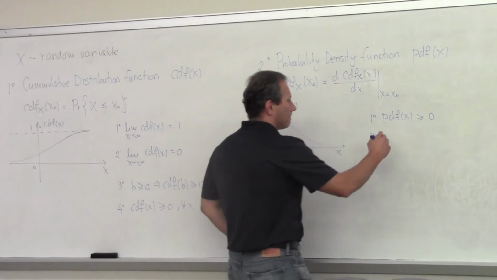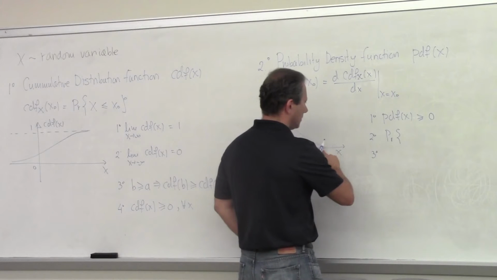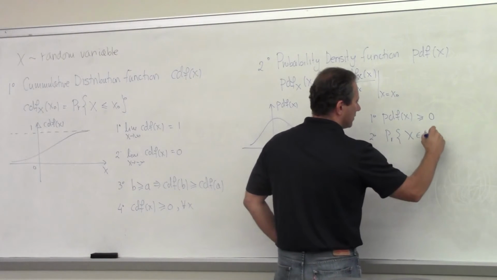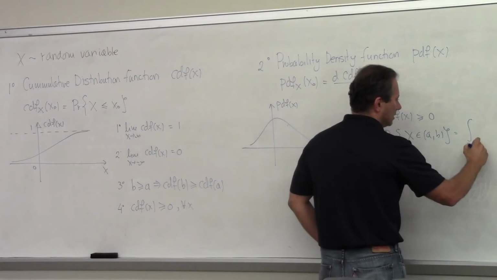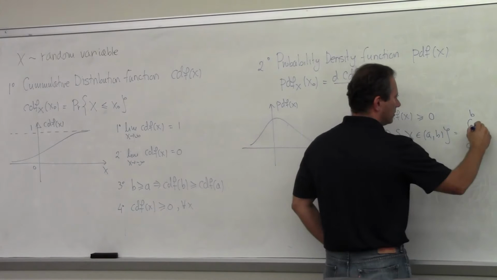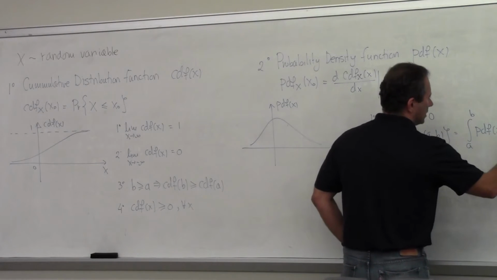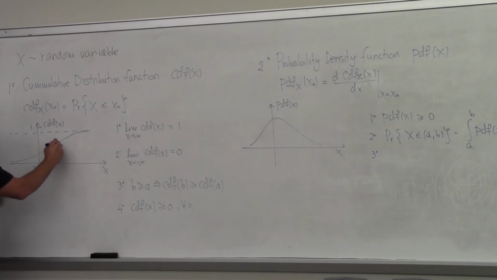Now, the most important property of this one here is that probability that x is in an interval from a to b is given as an integral from a to b of PDF of x dx. So here we're attaching physical meaning to a single point.